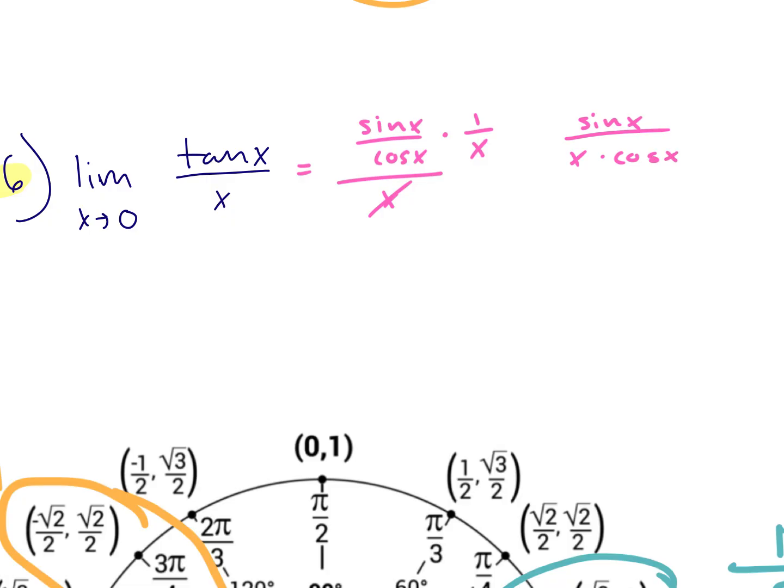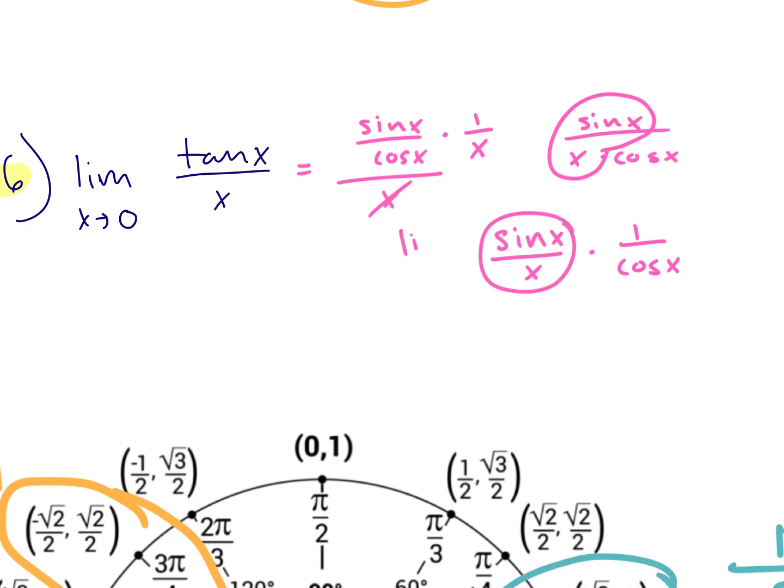So then here we have sine of x over x times cosine of x. Do we notice anything here? Sine of x over x is 1. So I could split this up to the sine of x over x, which we know is 1, times what? 1 over cosine x. So sine of x over x, we use our formula, or the limit as x approaches 0, sine of x over x is 1.